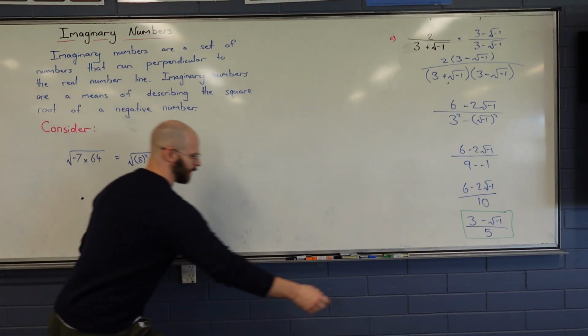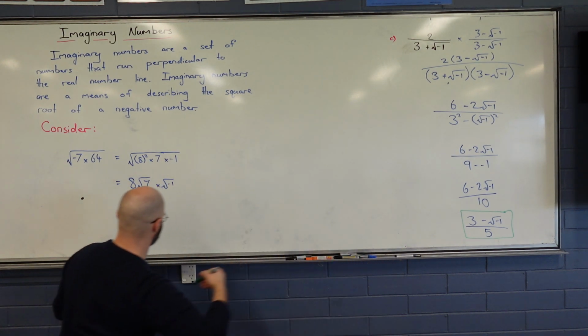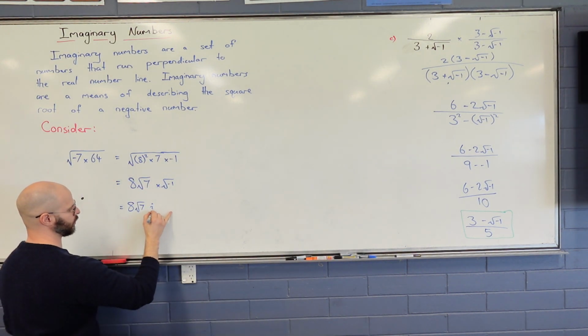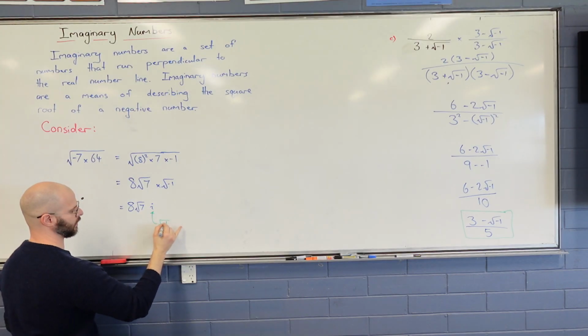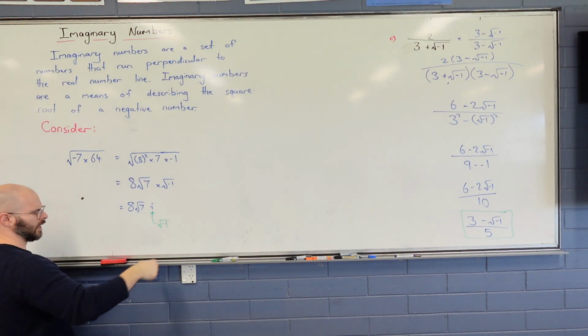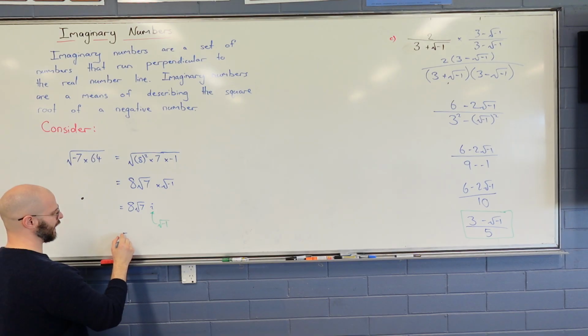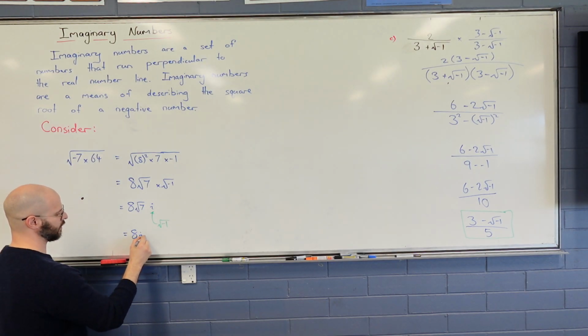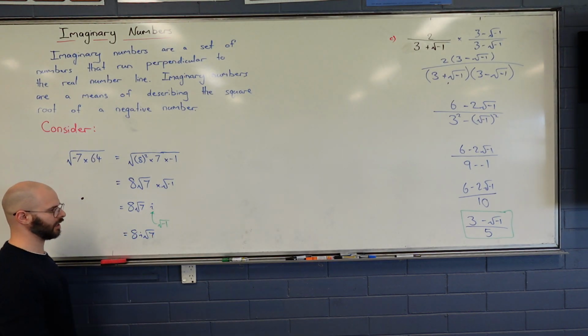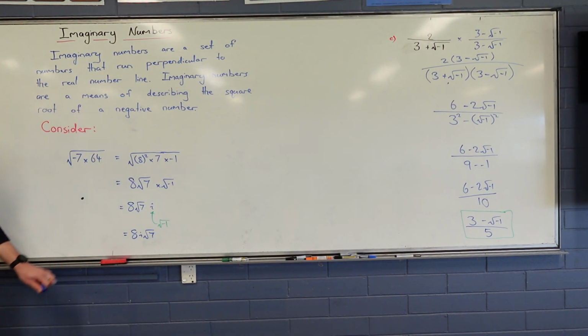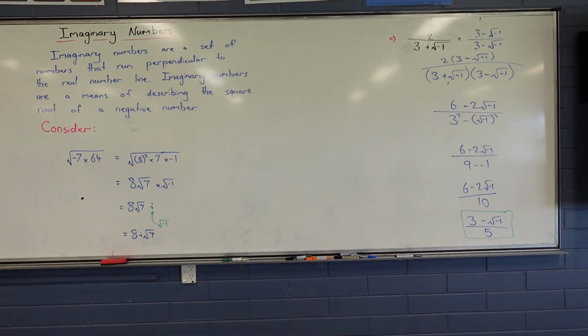So the i symbol means root negative 1. Usually we write it as 8i root 7, but it doesn't matter too much, so long as we're careful with that radical symbol. So all of a sudden we have a way of describing radicals that have a negative inside the radical symbol. We call these imaginary numbers.